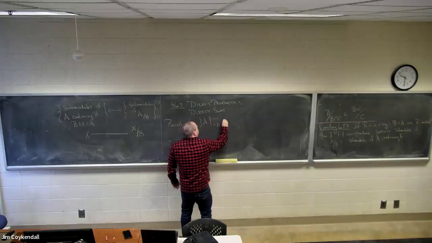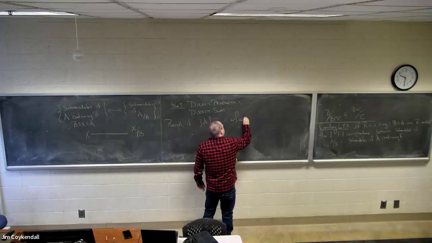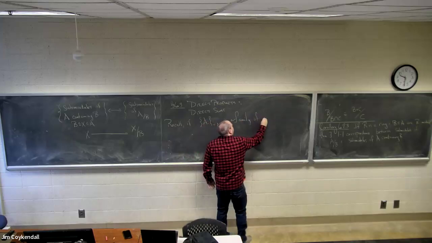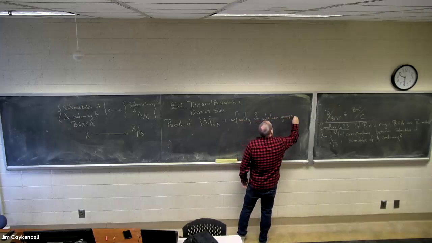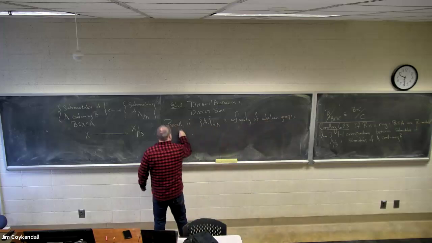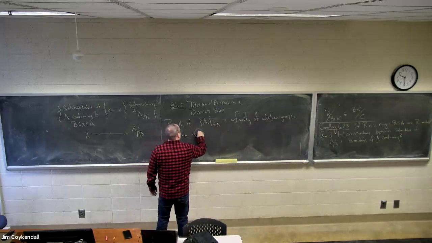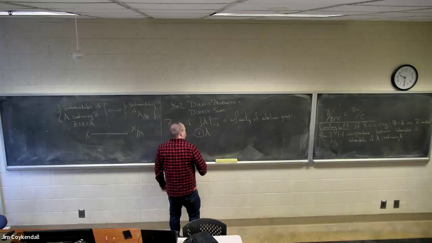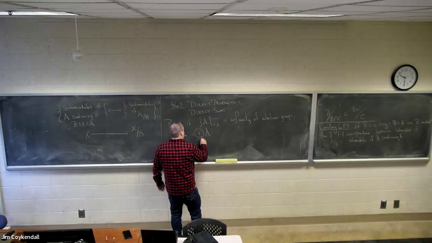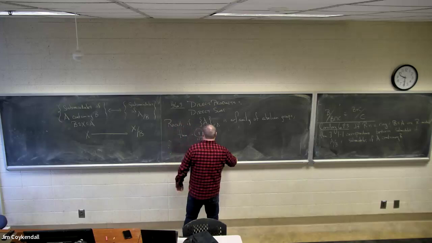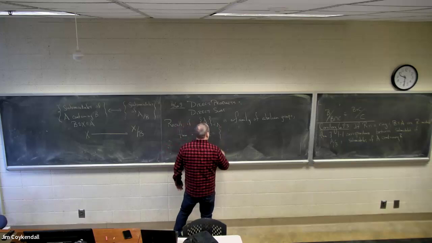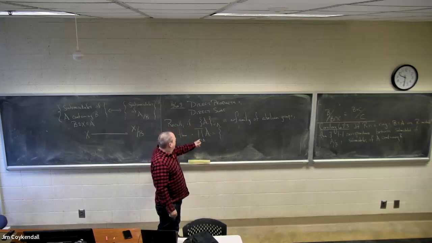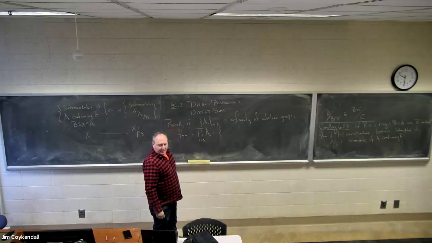An index set and a family of abelian groups. What is the direct product of this family of abelian groups?